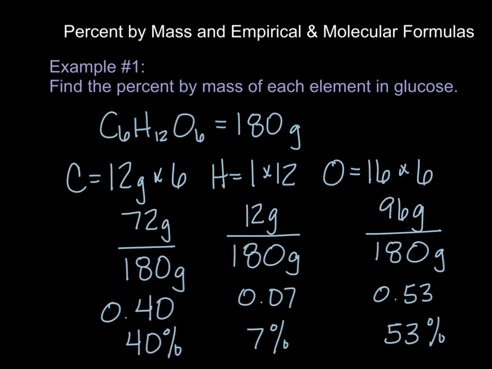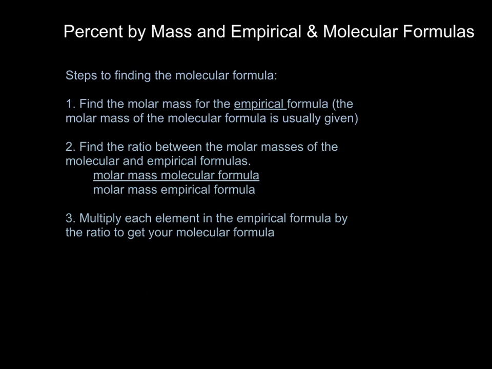So 53 plus 7 is 60, plus 40 is 100. So when I have 1 mole of glucose, 40% of that mass is going to be carbon atoms, 7% of the mass is going to be hydrogen atoms, and 53% of the mass is going to be oxygen atoms.